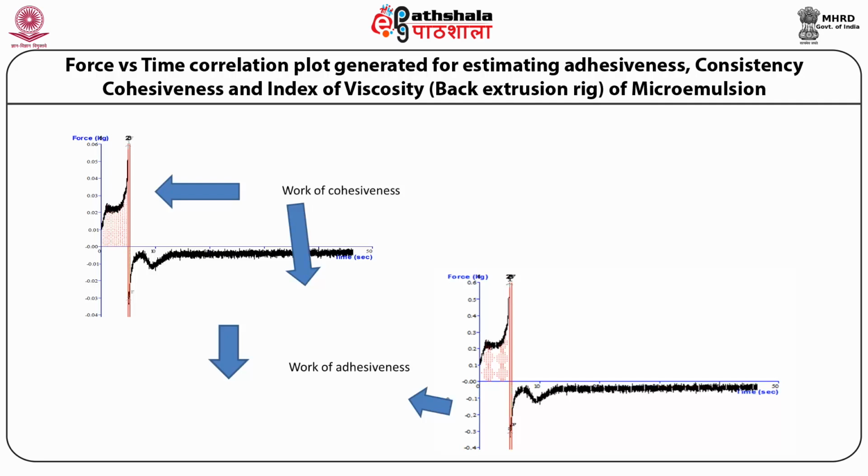Subtracting these two will give us work of shear. We can also compare other parameters like firmness, consistency, cohesiveness, and index of viscosity from these graphs.